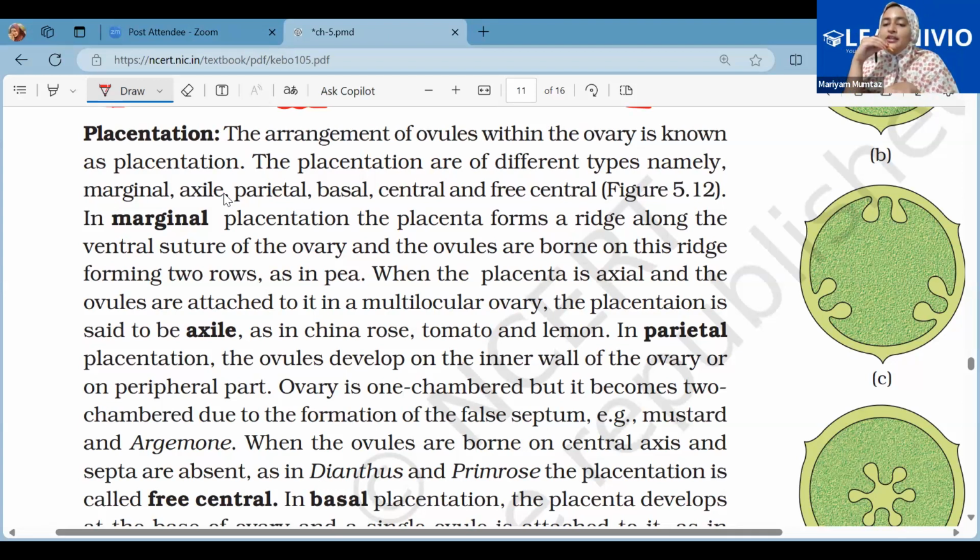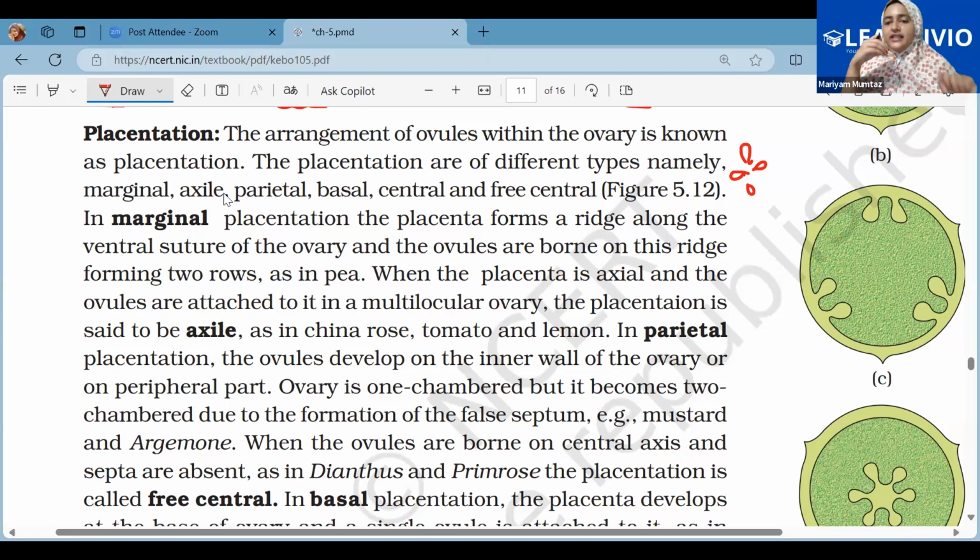Then how many of you have cut a lemon? When you cut a lemon and see it like this, all the seeds are present like this, isn't it? You can see that even in oranges. So that is placentation, the way the seeds are present inside a fruit, meaning the way the ovules are present inside the ovary.